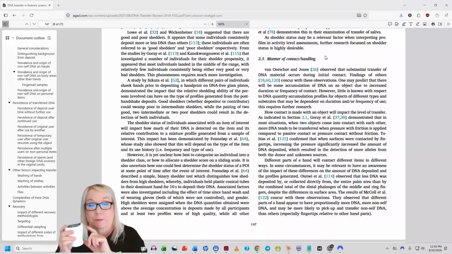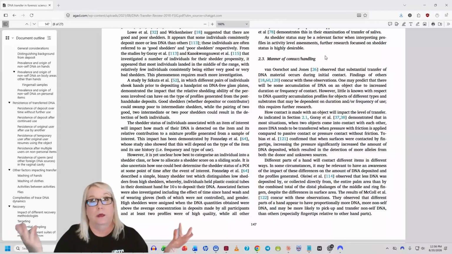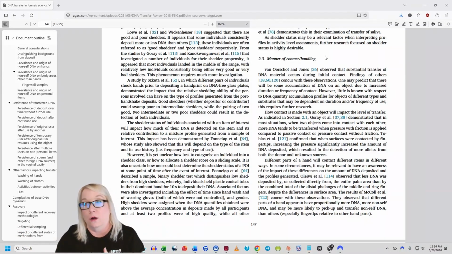That means material that may be dependent on duration and/or frequency of use. And why is this important? Because how many times could somebody have come in contact with, say, a knife sheath or a weapon or a screwdriver or cleaning or housework or whatever?